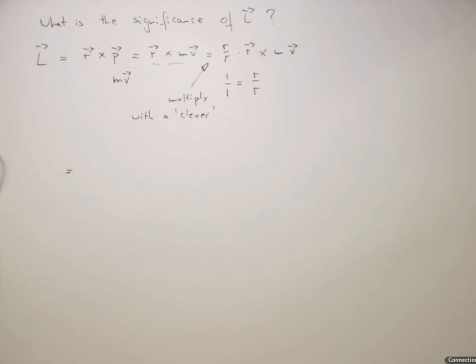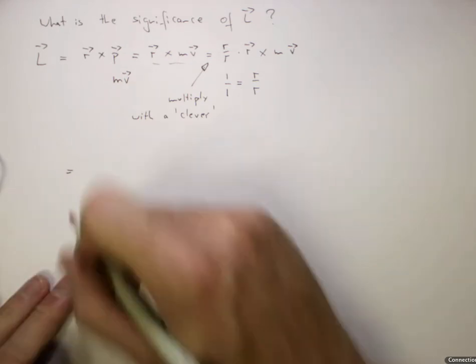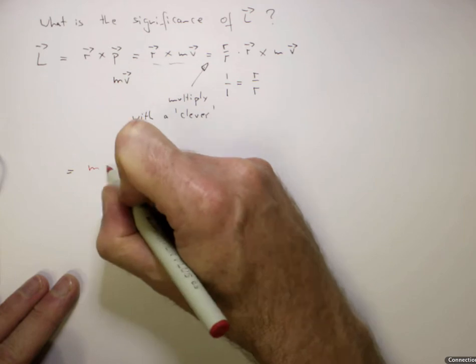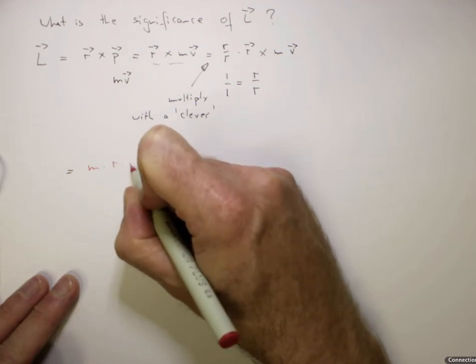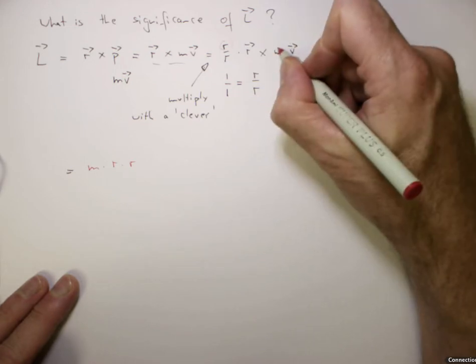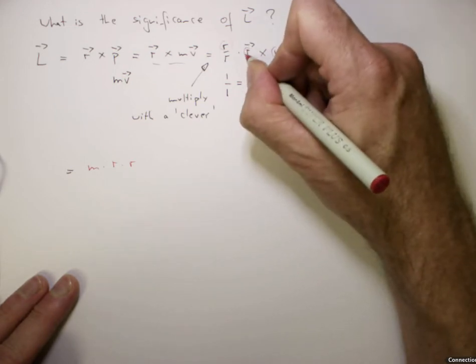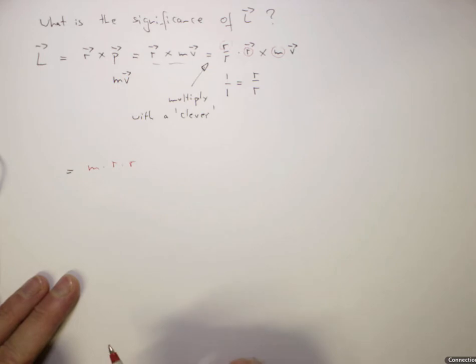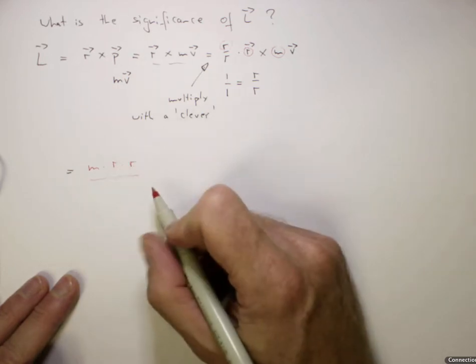Now if we look at this expression on the right carefully, we can arrange that in a different way, and we get m times r, which considers this r, this m, and the magnitude of that r vector, that gives us that.